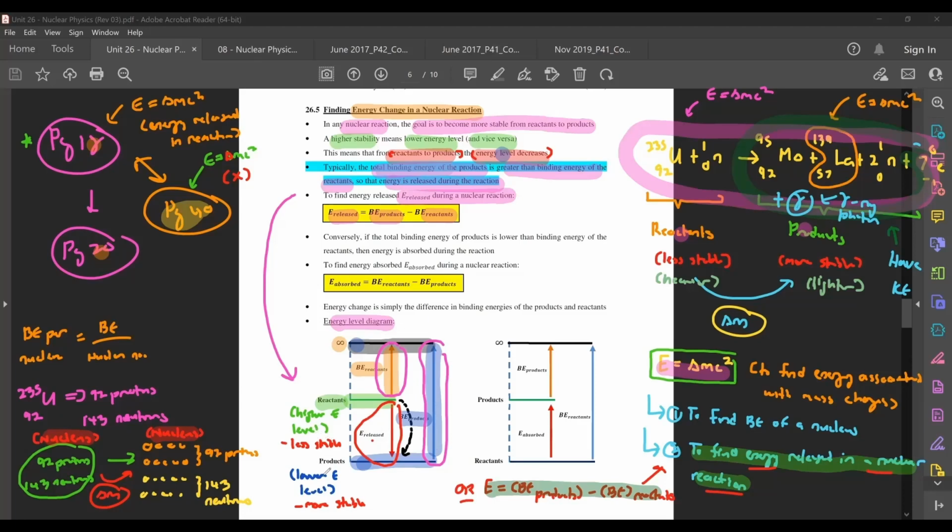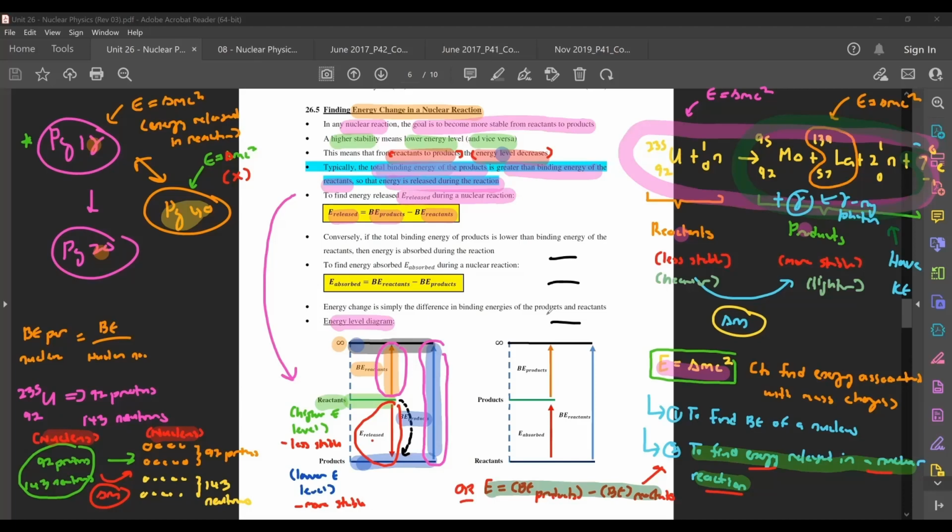Now, since you have gone through quantum physics before this in school, you probably would know what I'm talking about, because you have learned emission and absorption spectra. Have you learned emission and absorption spectra? You probably would have learned something about electrons jumping from higher energy level to lower energy level, right?